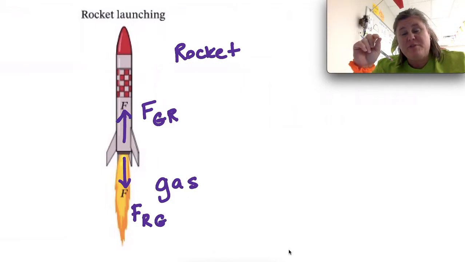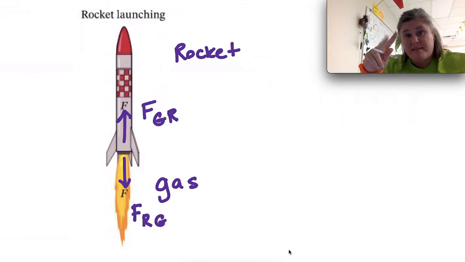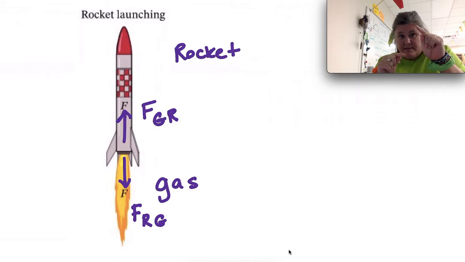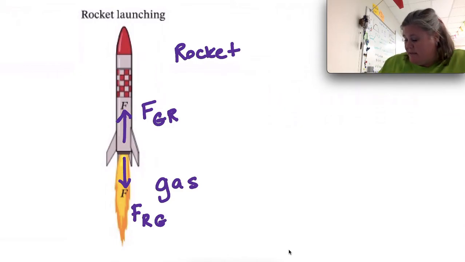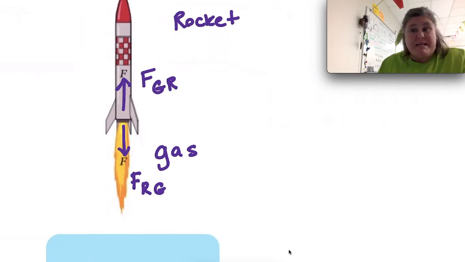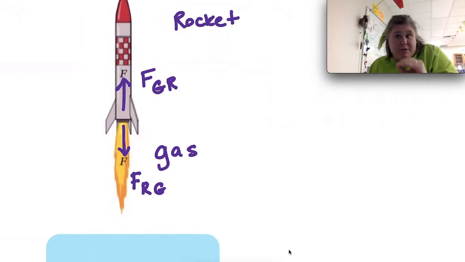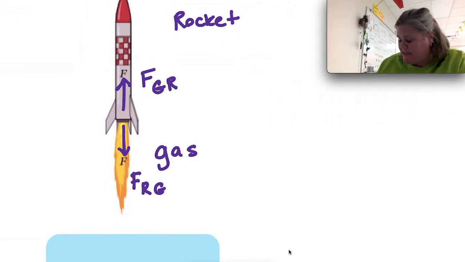And those forces are equal and opposite. Two objects, forces are equal and opposite. They don't balance each other out because you've got the force on the rocket and then the force on the gas. They're two different objects. The forces are on two different objects.